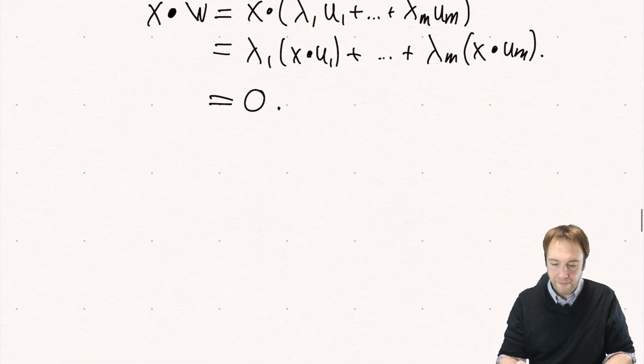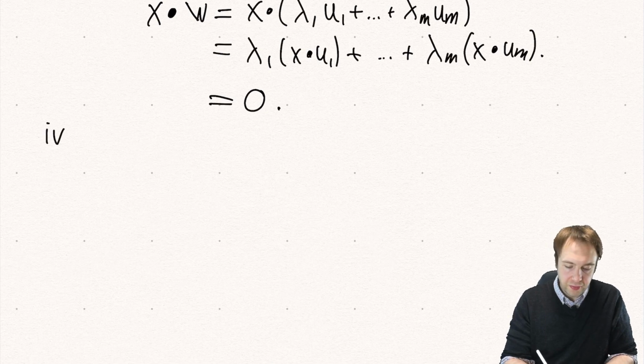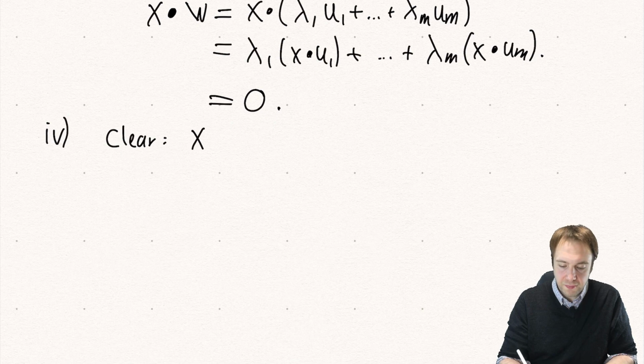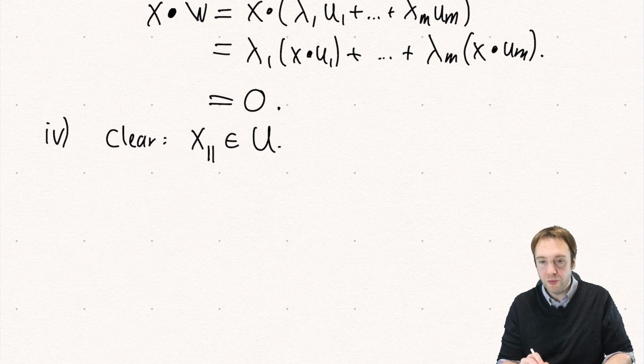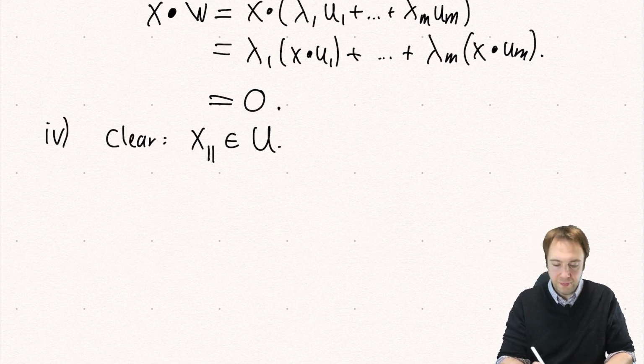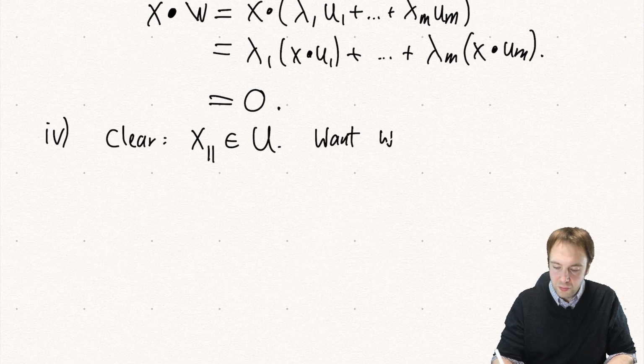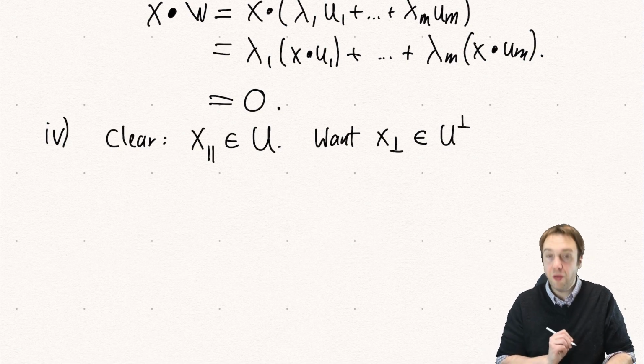So the statement which is clear is that this is an element in U. What we want to show is that this element here is in U orthogonal.